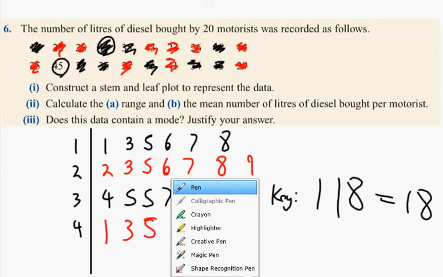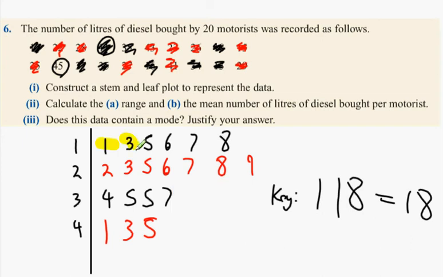How did you figure that out? 1, 2, 3, 4, 5, 6. There's 6 numbers from 10 to 20. How many numbers are there from 30 to 40? 1, 2, 3, 4. It's a handy way of showing the information, isn't it?